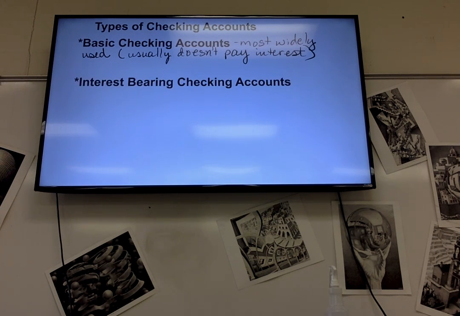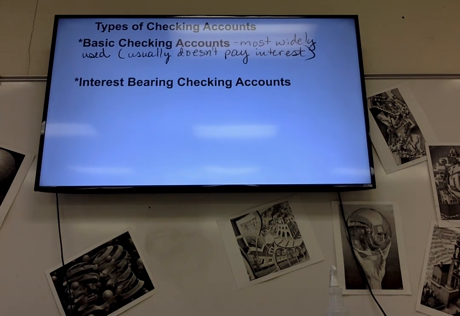Second kind, interest-bearing checking accounts. It's what you would think. They actually do pay interest. However, you usually have to keep a minimum balance in there in order to get that interest. If you don't keep that minimum balance, they charge you a service charge, which is usually way more than the interest that you would get.